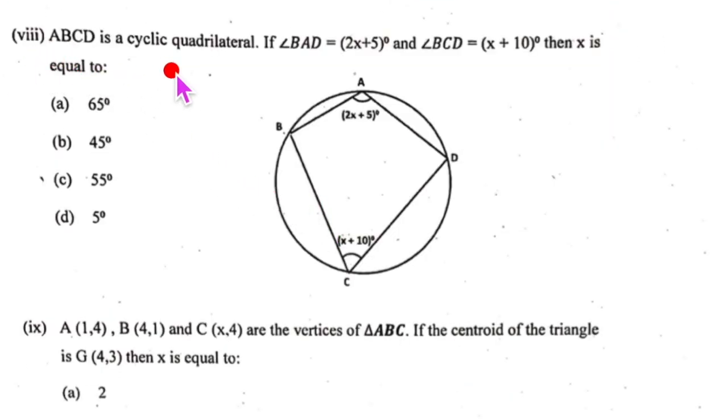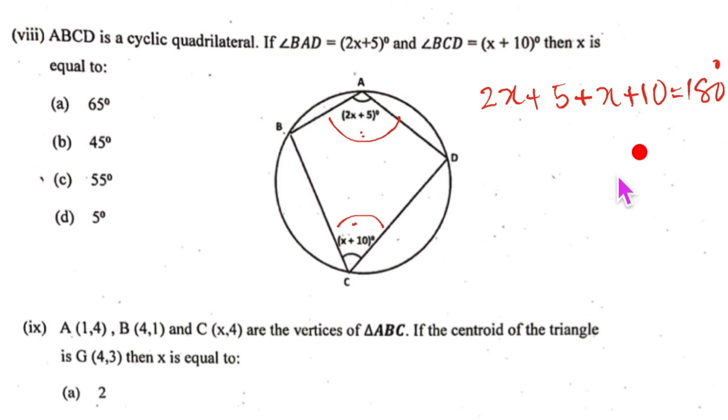Look at our eighth one. ABCD is a cyclic quadrilateral, if angle BAD is 2x plus 5 and angle BCD is x plus 10, then x is equal to. Now what do you know about the opposite angles of a cyclic quad? They are supplementary, correct? So this is going to give us 180 degrees.